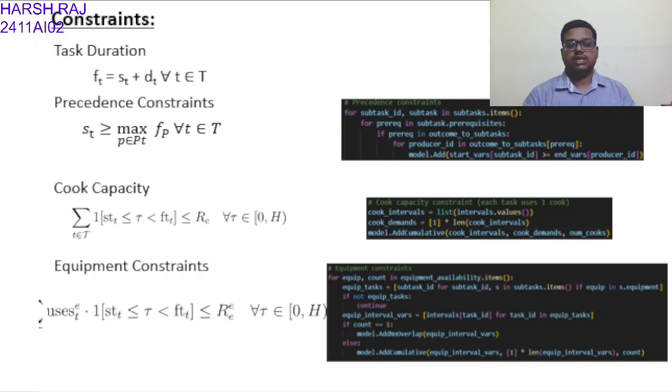For the cook constraint, we use model.add cumulative, which is essentially an at most k encoding, ensuring at most k cooks can work in one time interval. Similarly, for the equipment constraint, we ensure at most n equipment is used in an interval, where n is different for each equipment as given in the input DAG.